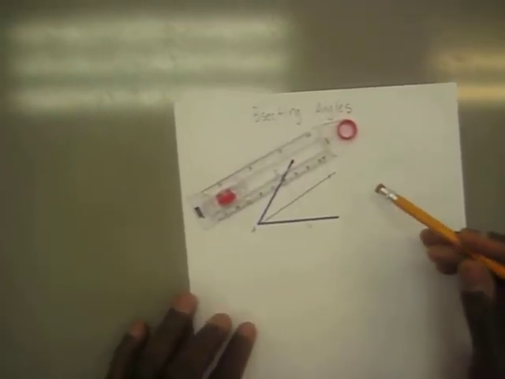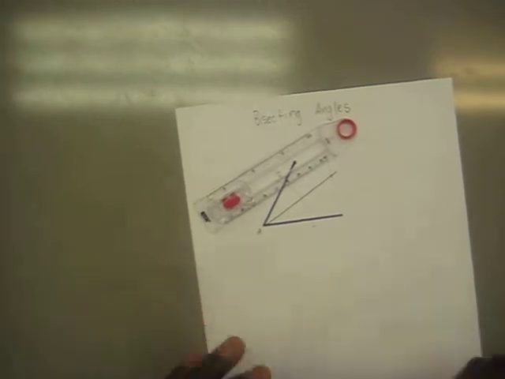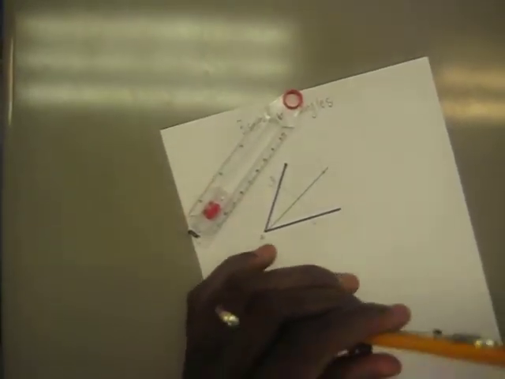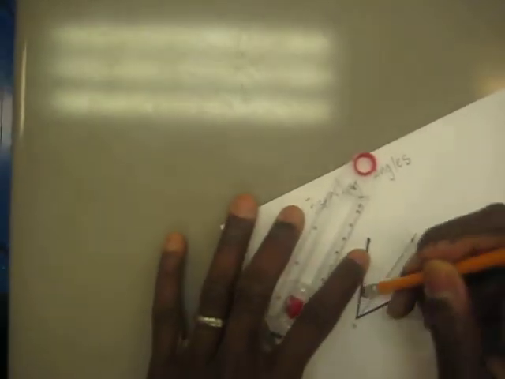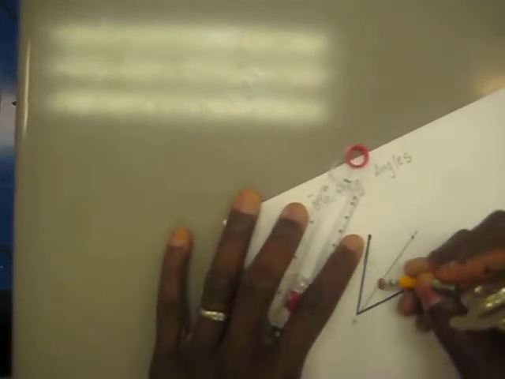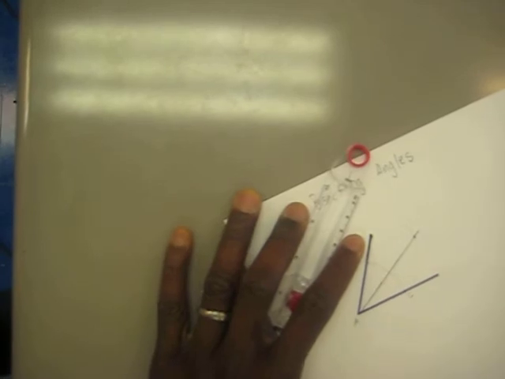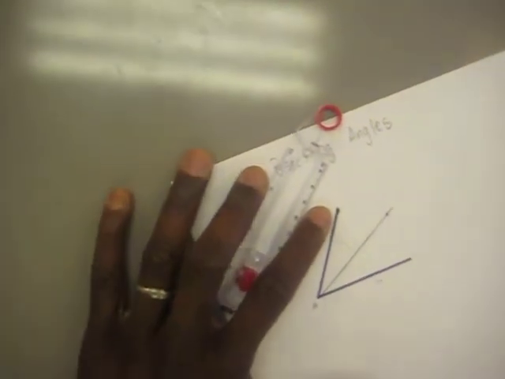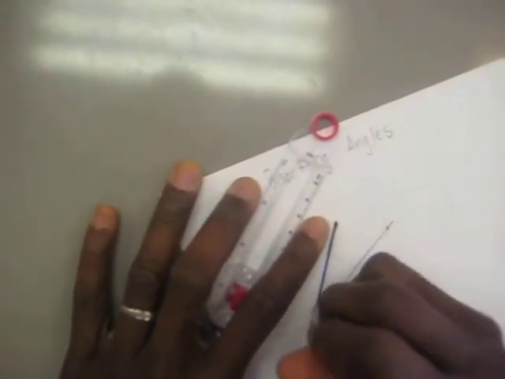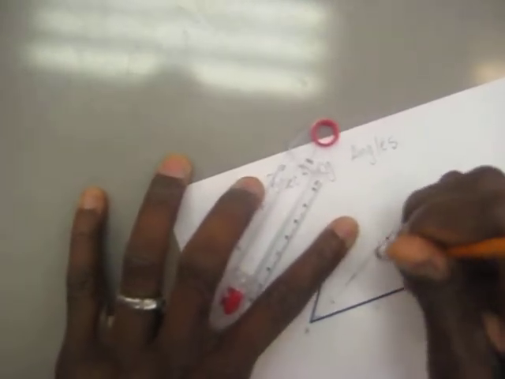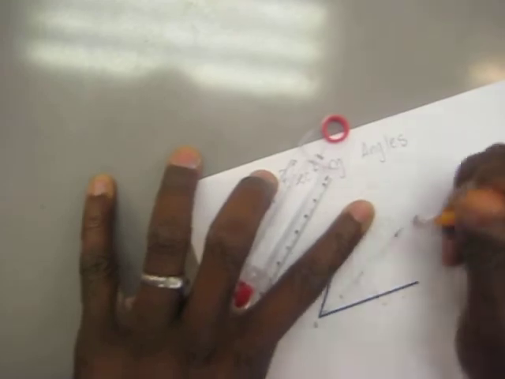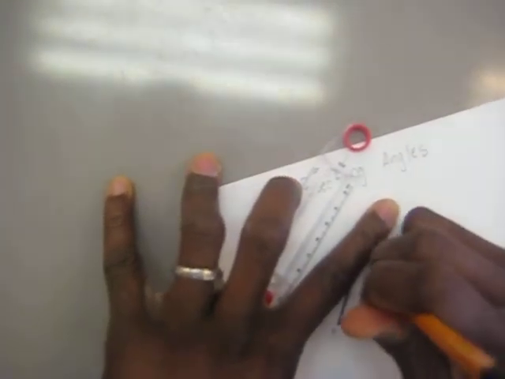Now some of you might be asking, what would happen if I go all the way out? For the sake of answering that, let me redraw this a little bit neater so it comes out almost perfect for you.